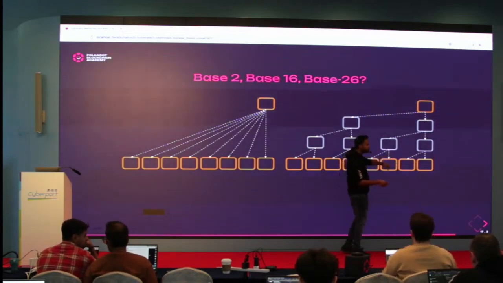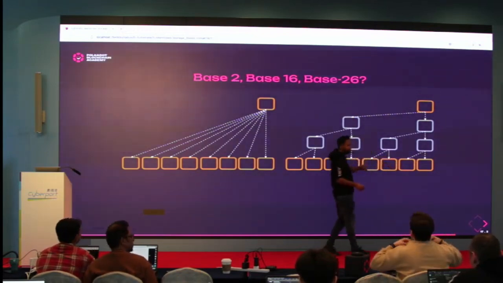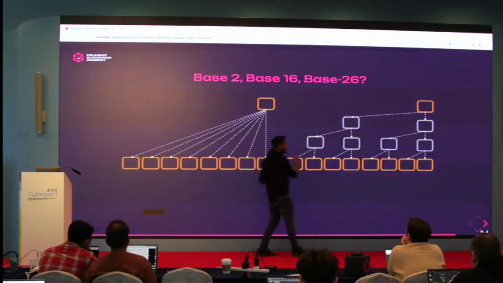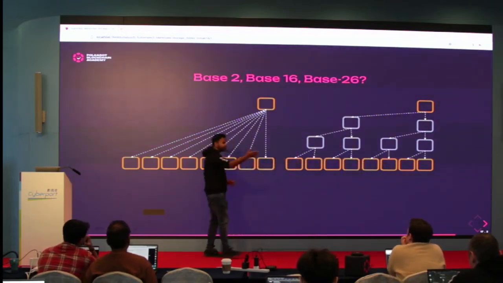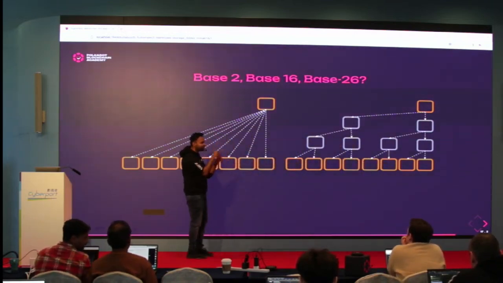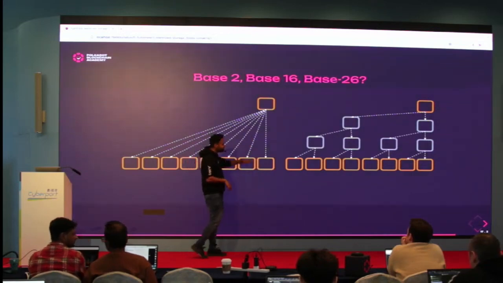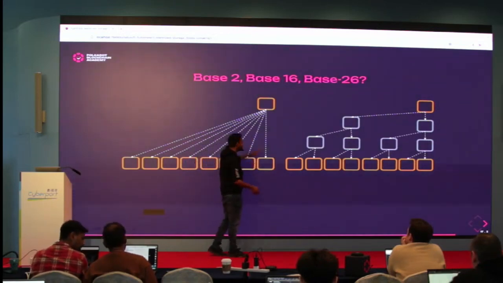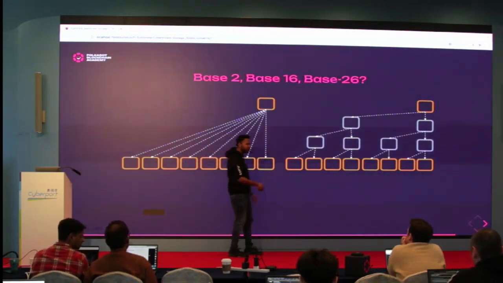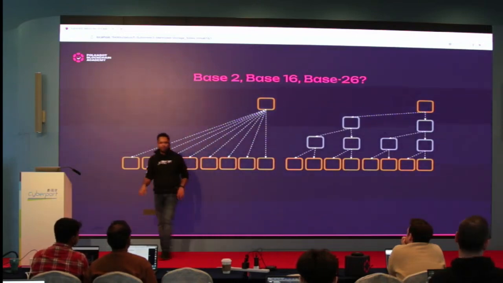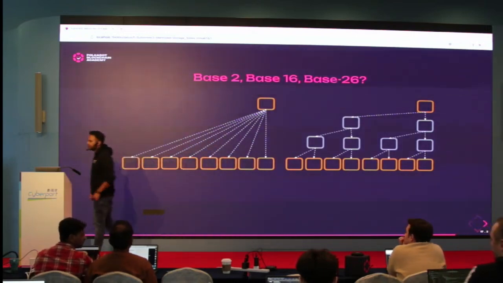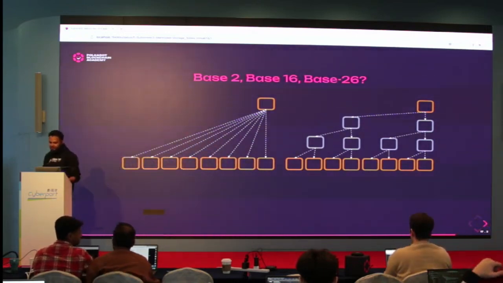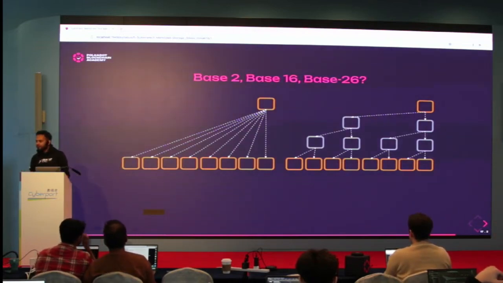But the proof size itself is actually cheaper in base 2. Depending on your use case, for the child trie you can make it base 2, or base 16, or base, I don't know, 100. It's basically a trade-off between IO count and proof size.